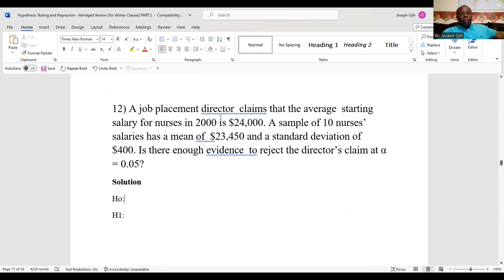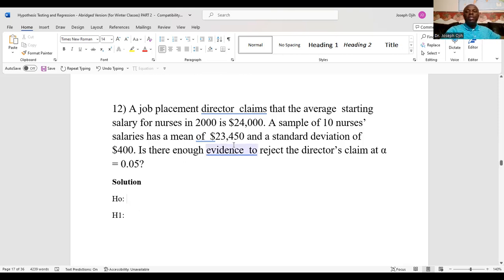Now, a job placement director claimed that the average starting salary for nurses in the year 2000 is 24,000. That is his claim. Since the claim says equal, we can use equal in the null hypothesis.